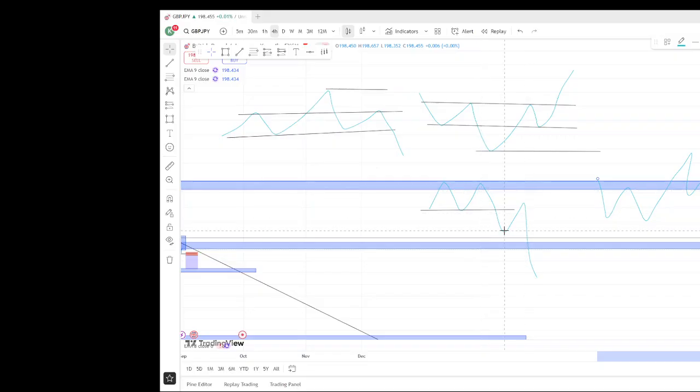You could literally get out here, wait for the retest to get back in up here, and then make more out of your money from this move, from this take before the pullback, and then enter after the retest, and then you'll be out right here. That'd be two good trades out of one pattern.